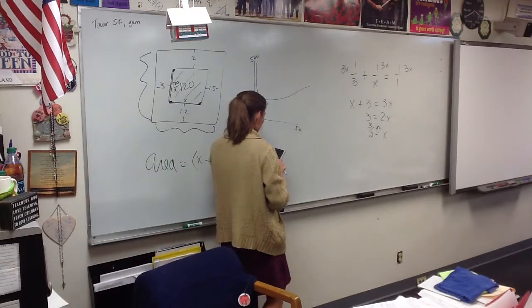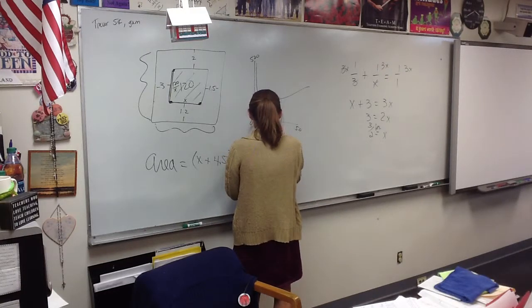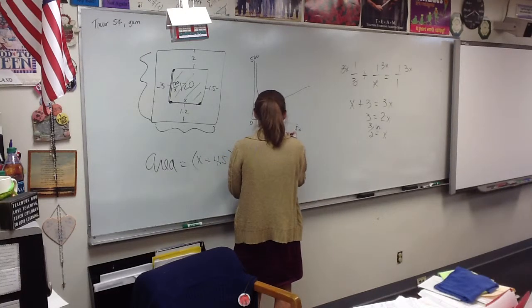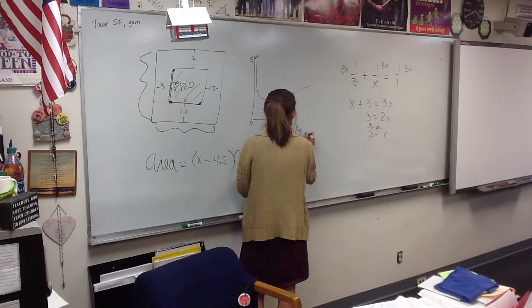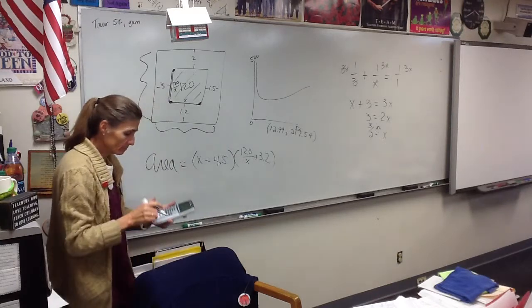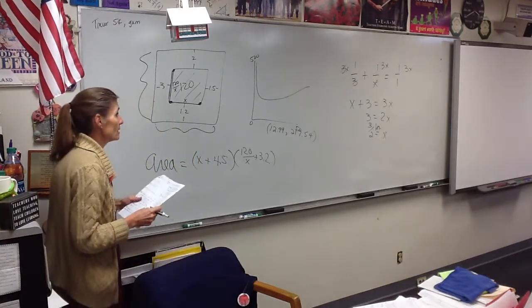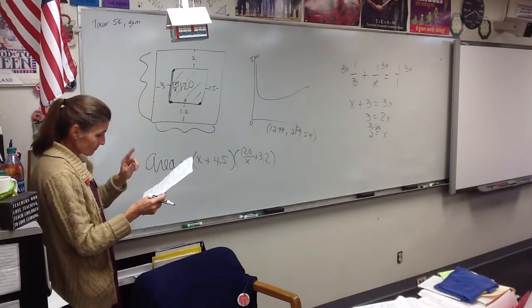I got my minimum to be 12.99, comma, 217.54. Any confirmation? Yes. So I want to answer the question.